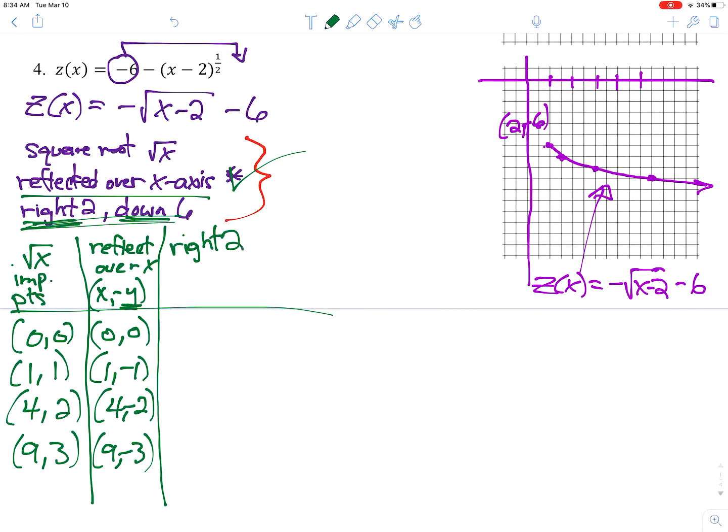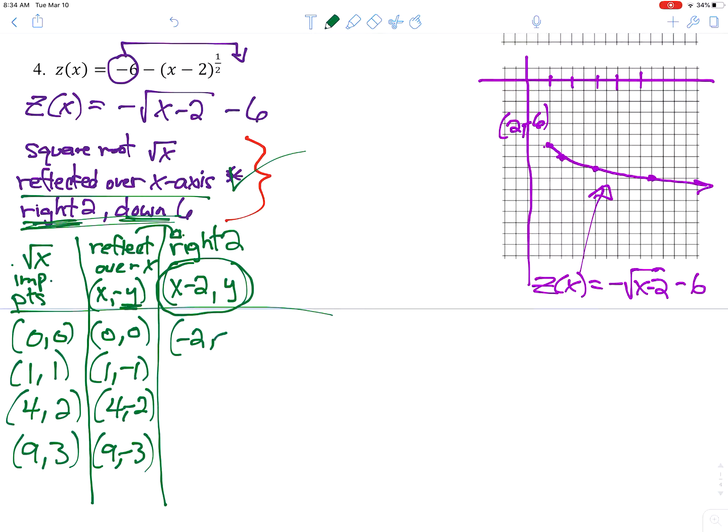Right 2 means I'm really taking x minus 2, and then whatever my y-coordinate was. Now this gets a little confusing. I want to make sure that you're taking the x-coordinate and keeping the y from the previous column, because we're going in sequential order.